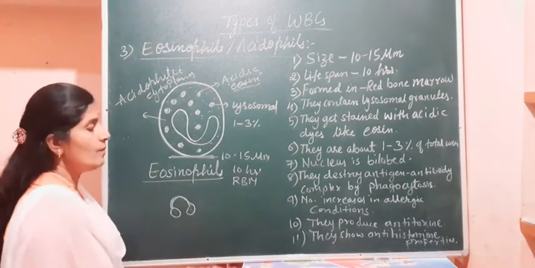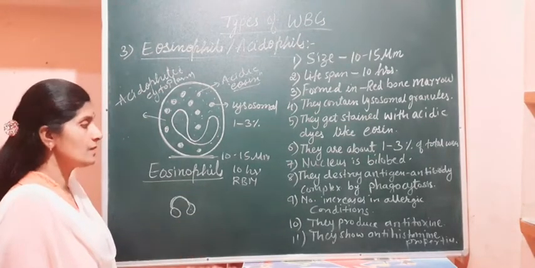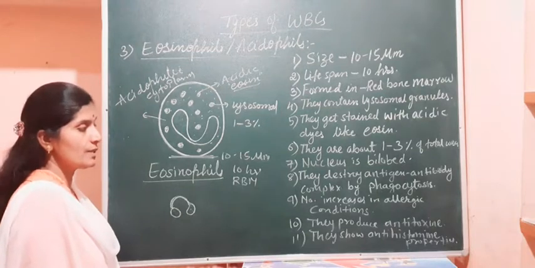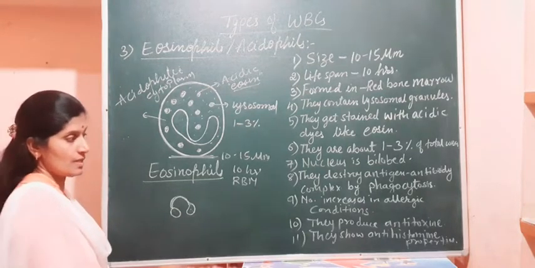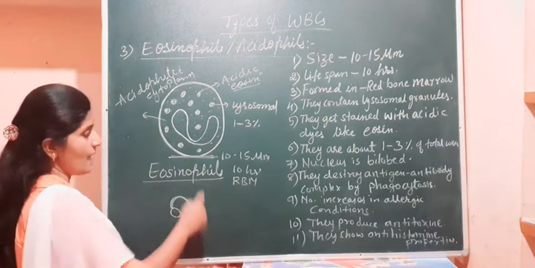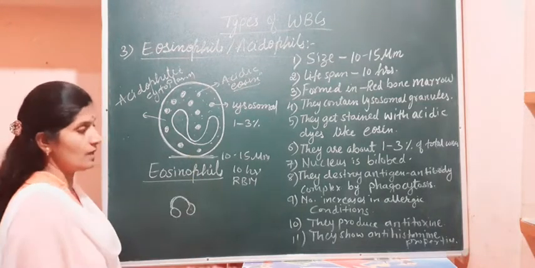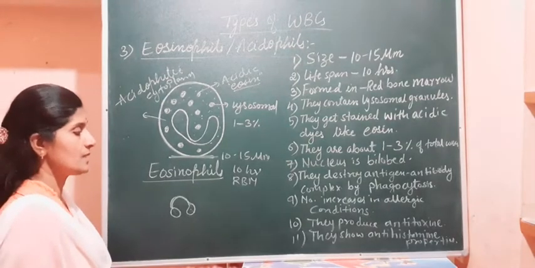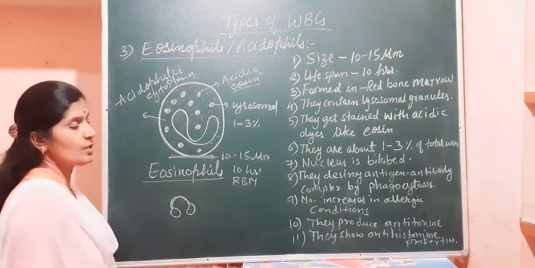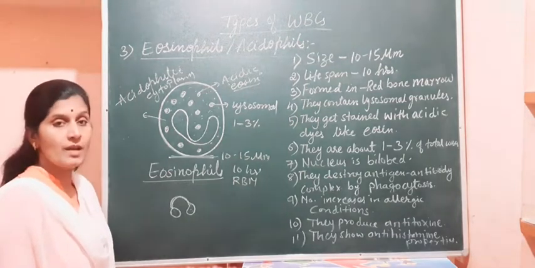The number of these cells increases during allergic conditions. When a person gets allergies, at that time the number of acidophils increases, and these cells show antihistamine property.